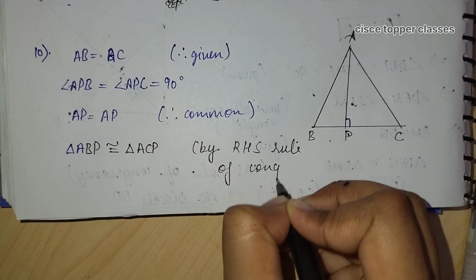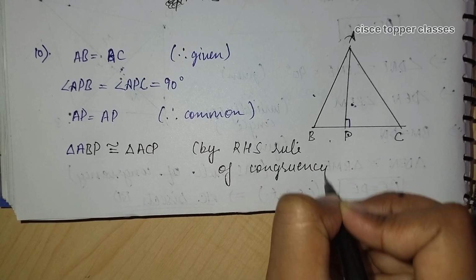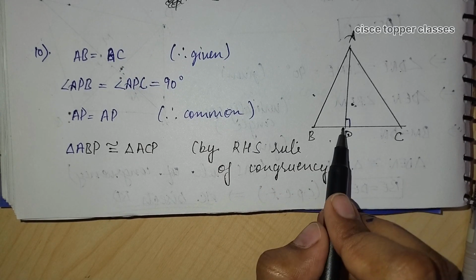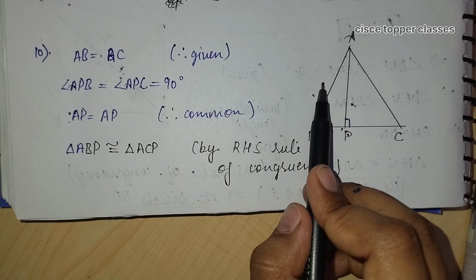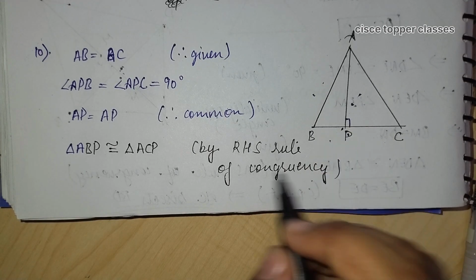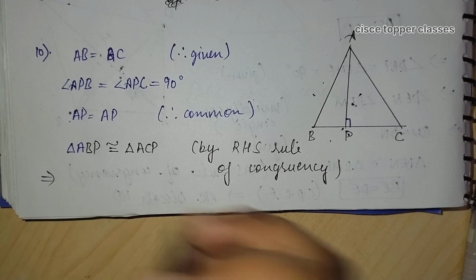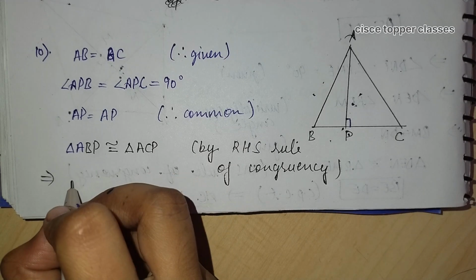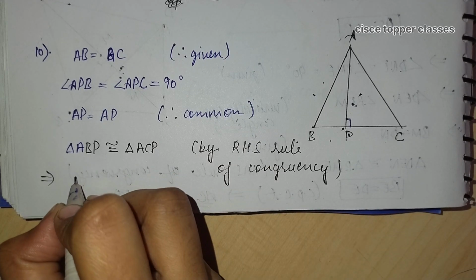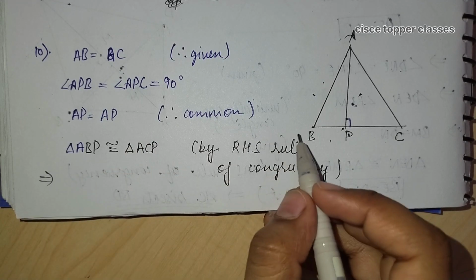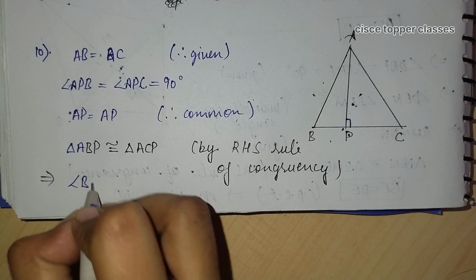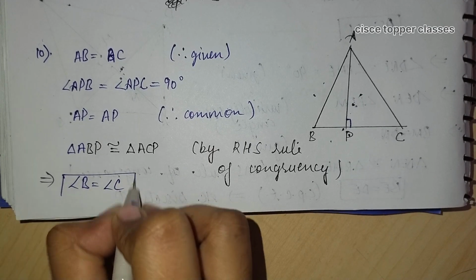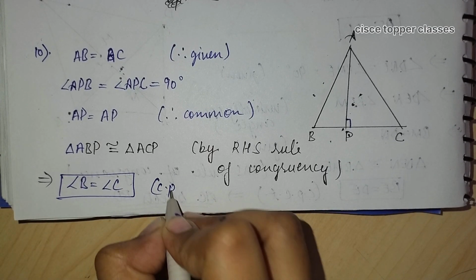From here we know that this is the RHS rule, means here it is right angle and this is hypotenuse and this is side congruency. So by RHS rule of congruency, we have to prove that angle B is equal to angle C. From CPCT we can simply prove that angle B is equal to angle C, which we have to prove in this question here.